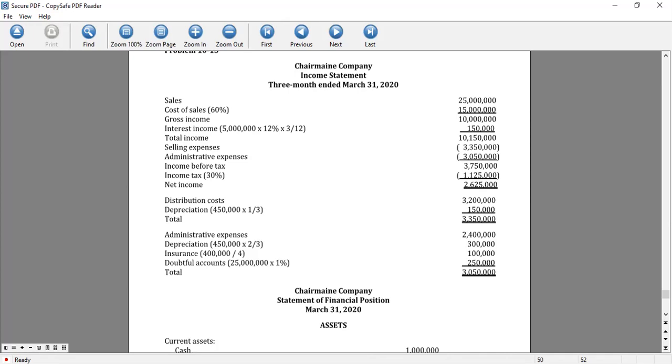So if you have 18 million, and we multiply it by one third, we get 6 million. Divide by 10 years, 6 million divided by 10 years equal to 600,000. But we only involve a period of 3 months.